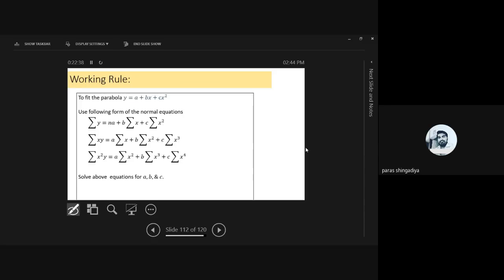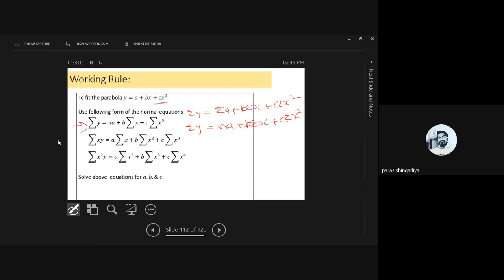Clear? So how can we predict that? Simple, a similar pattern. First, apply sigma to this equation. So what will be the form? Sigma y is equal to sigma a plus b sigma x plus c sigma x square. And now in place of sigma a, replace n into a. That is the first equation that you will get here.